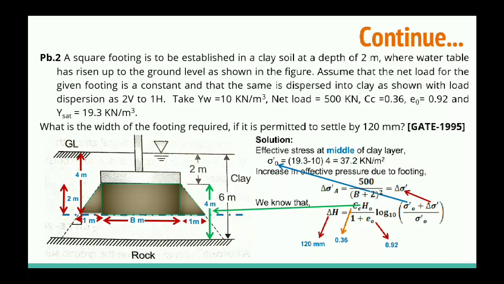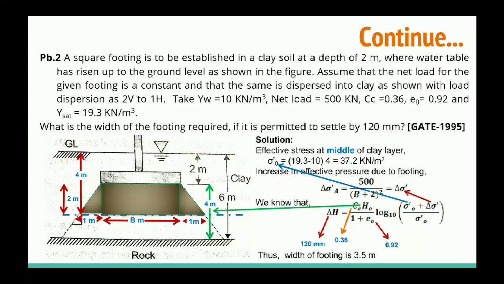By putting all these values in the settlement equation, we can calculate the width of the footing, and we get 3.5 meter. In the previous questions we calculated the settlement, but in this question the settlement was given and we have to find the width of the footing. The rest of the question is the same.